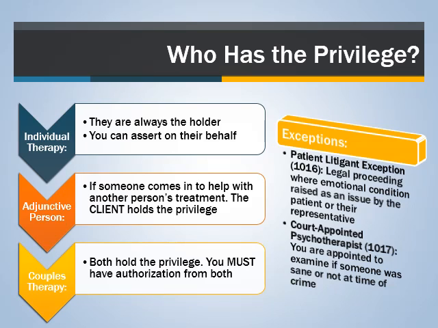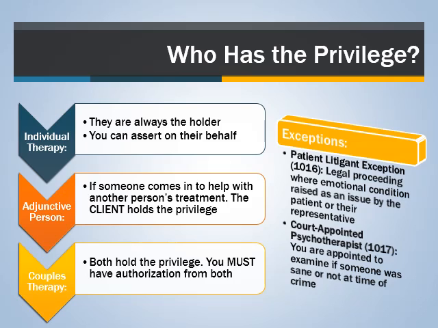Okay, so we know that privilege is held by either the patient, their guardian, or their personal representative if they're deceased. But the question now is, who can claim it? In addition to the holder of privilege, it can be claimed by another authorized person, such as the therapist, and the psychotherapist is able to claim privilege in any of those particular communications that happen within the therapy.